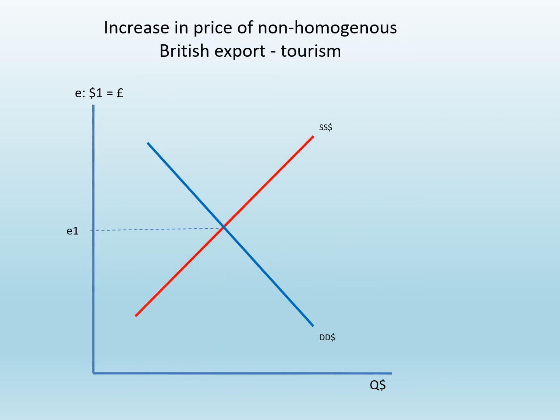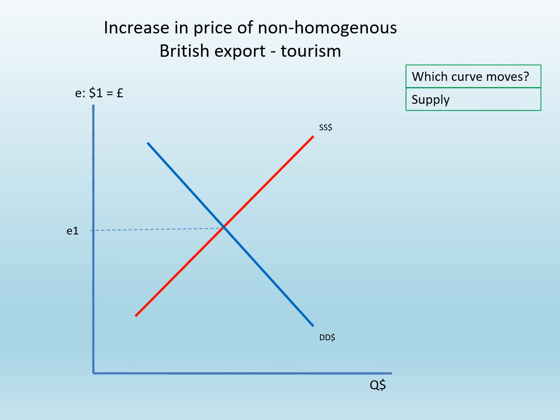Now contrast this to a non-homogeneous export, British tourism, where British tourism is very different in nature to tourism, say, in the south of France, to tourism in India, to tourism in Africa. They're all different kinds of tourism, they're non-homogeneous. And the question is, which curve moves?